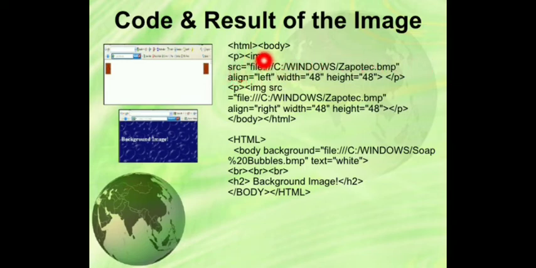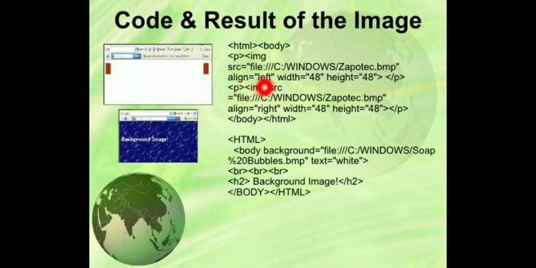So img space src, then this is the complete path where this zapotec.bmp image is. The .bmp is the extension of a paint file. Like if you don't have an image on your PC, then you can paint your own image in paint, and its extension will be .bmp.